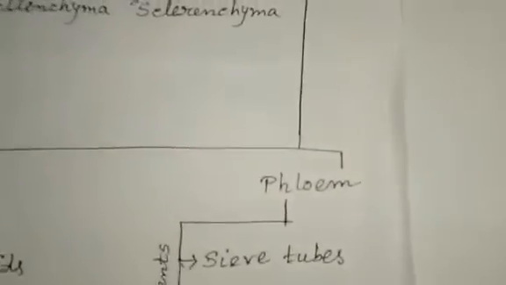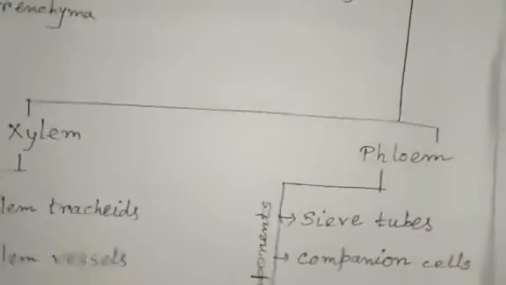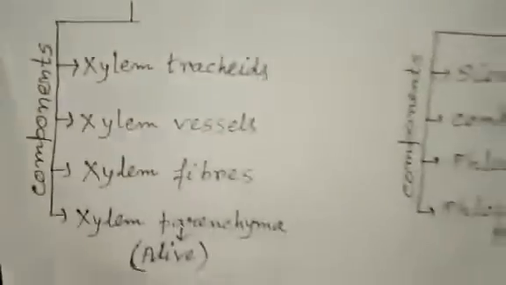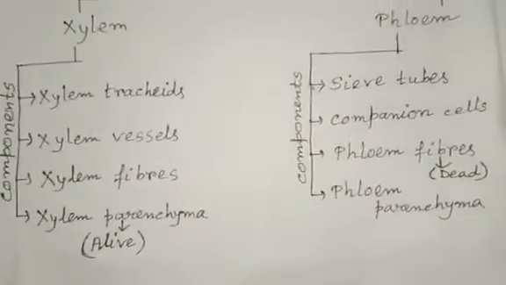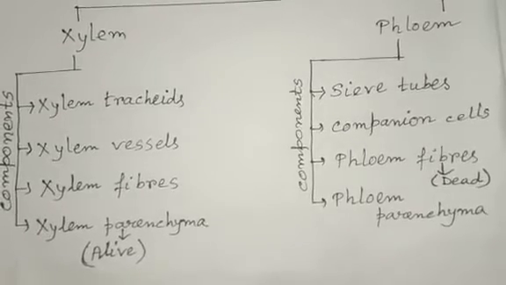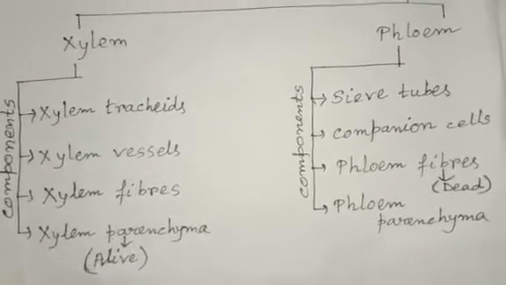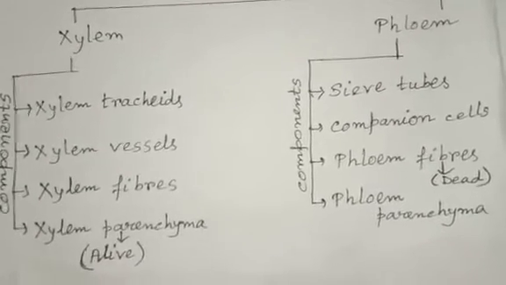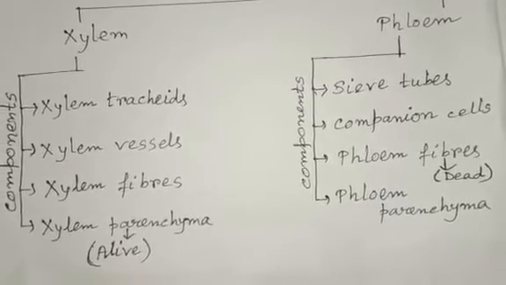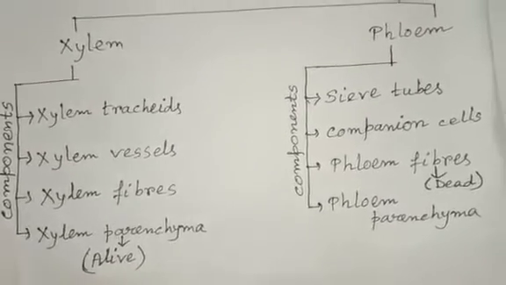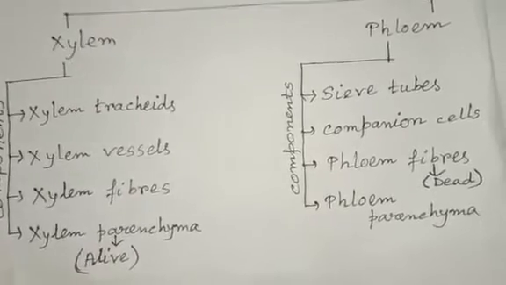Now coming to the components of xylem and phloem. Xylem is made up of four types of cells, xylem tracheids, xylem vessels, xylem fibers and xylem parenchyma. Among these, only xylem parenchyma is living component and the rest three are dead components.